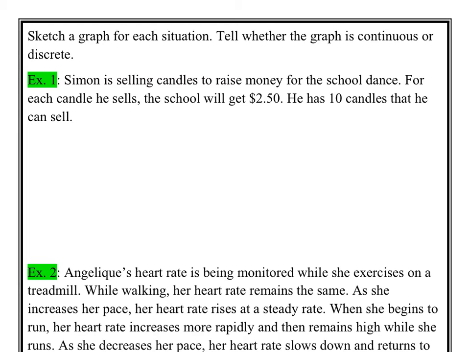So if we were to draw a sketch of the graph, here's my X and Y axis. You have to decide what goes on this axis here, which should be your independent variable, and what goes on this axis here, which is your dependent variable.